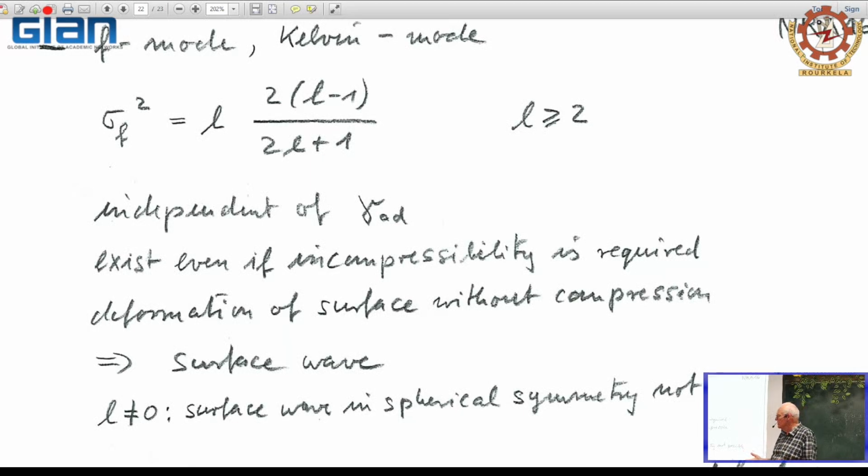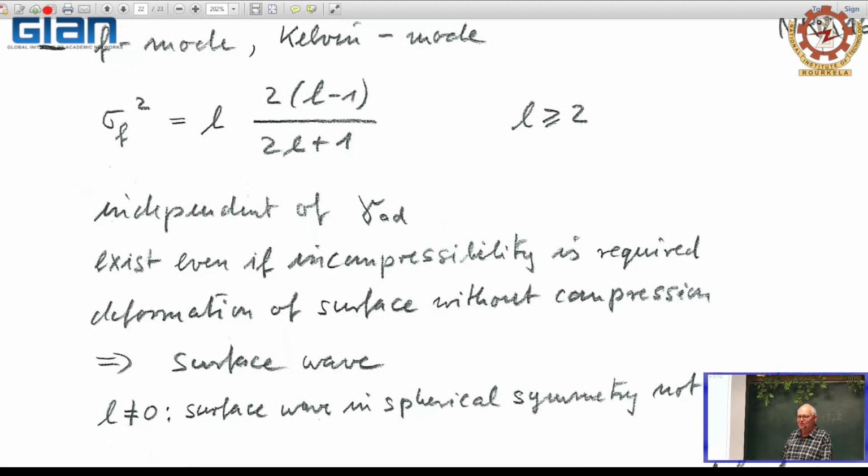So a surface wave with spherical symmetry is not possible. You have to deform your surface. That means this mode vanishes for L equals 0.